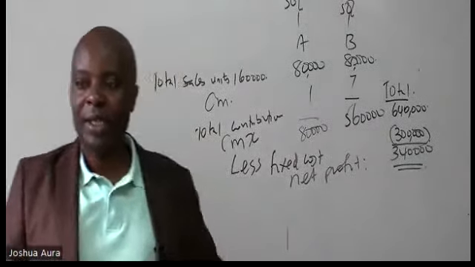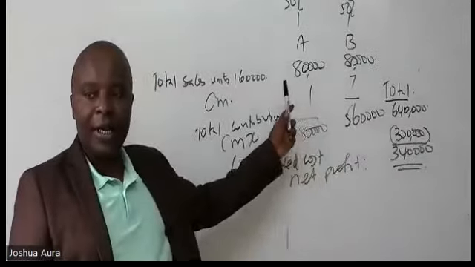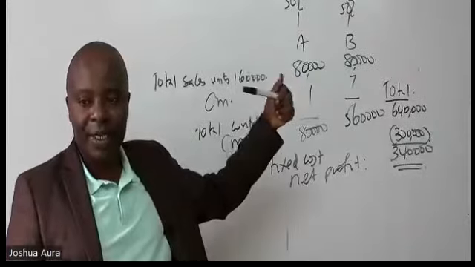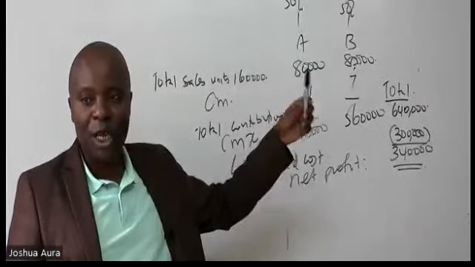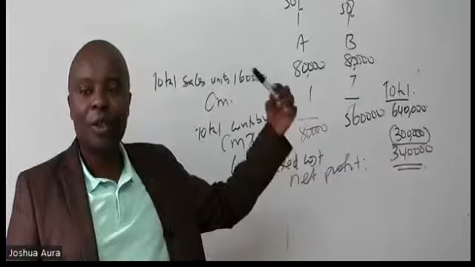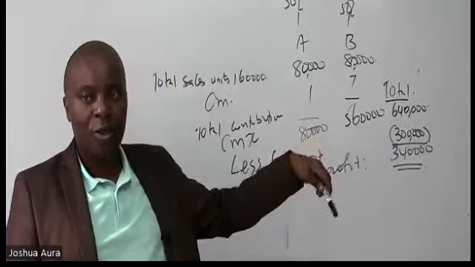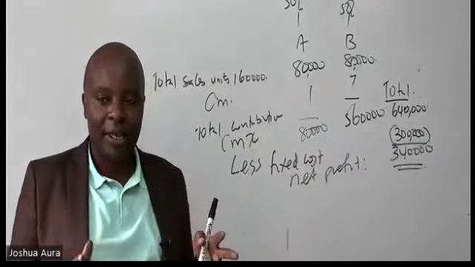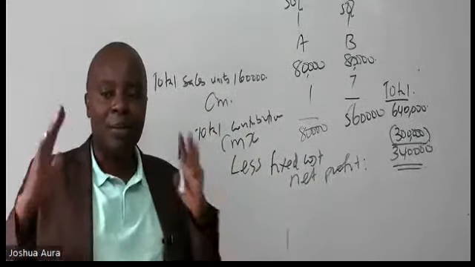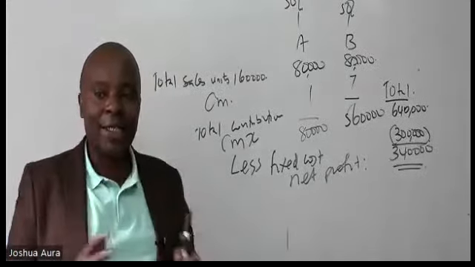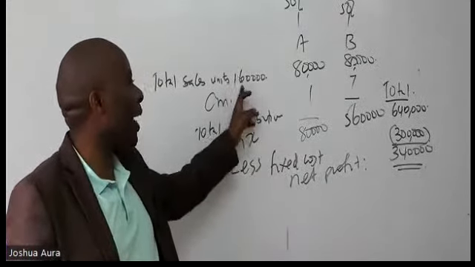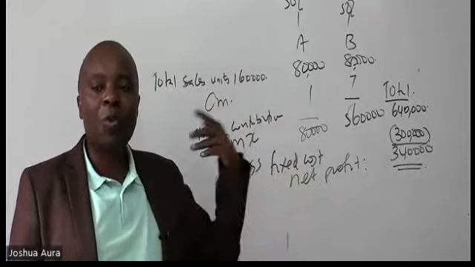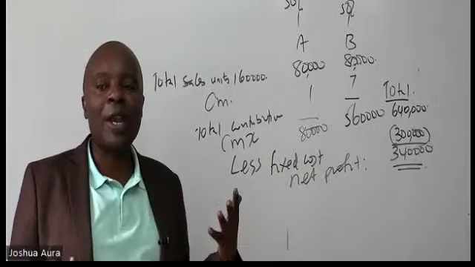From the start, so remember here, they've told us that we are changing what here? Our sales mix. They've told us that we are changing our sales mix to 1:1. So what I did, first of all, I combined all the products together. A is 120,000, B is 40,000. So if I add the two, I'll end up getting 160,000, which now I redistribute using 1:1 ratio. 1:1 means what here?